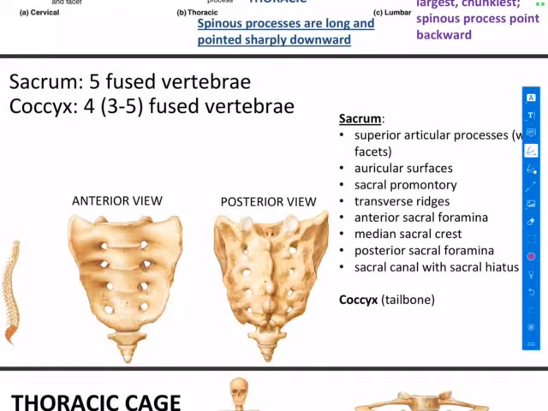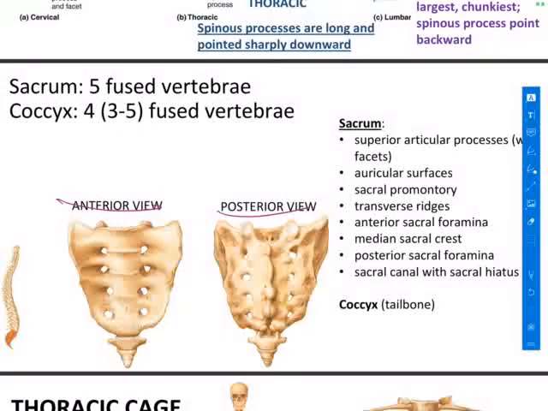When you're looking at the sacrum, this shows the anterior view here, and this is the posterior view. You'll notice that the anterior view has a much smoother surface than the posterior. The anterior superior most part of the sacrum is called the sacral promontory, which is right here.